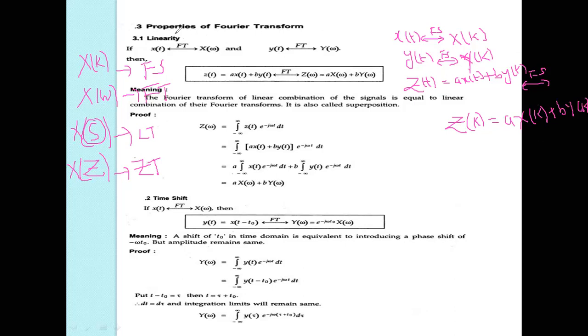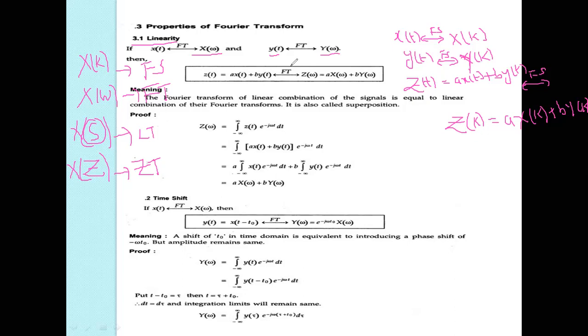See here, for the properties of the Fourier transformation, the linearity property says the same thing. X of t, the Fourier transformation is X of omega, since we are applying the Fourier transformation. And Y of t, the Fourier transformation is Y of omega. Then what is Z of t? The same: a into x of t plus b into y of t.